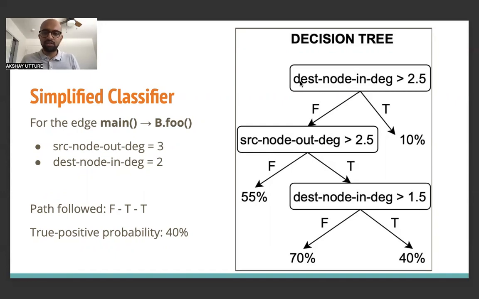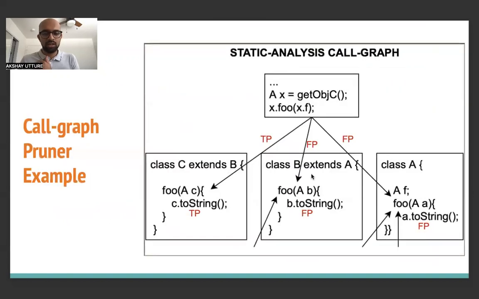So the two features here are the destination node in degree and the source node out degree of the edge. Going back to the previous slide, let's examine the edge from main to b.foo. It has a source node out degree of 3 and a destination node in degree of 2, with one edge from a method that is not shown.